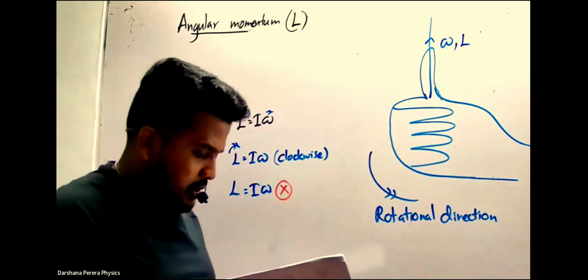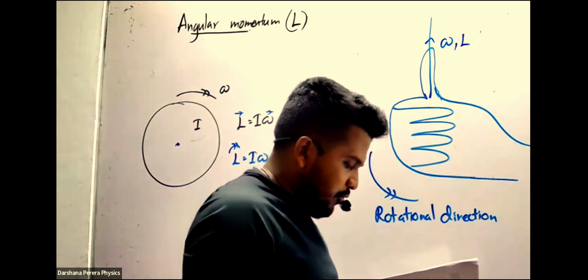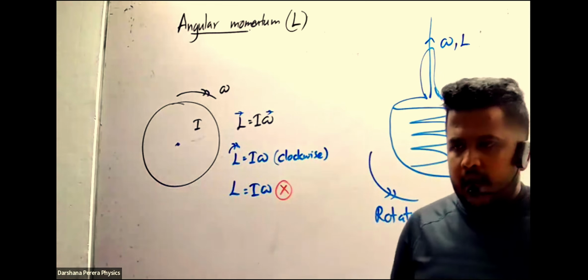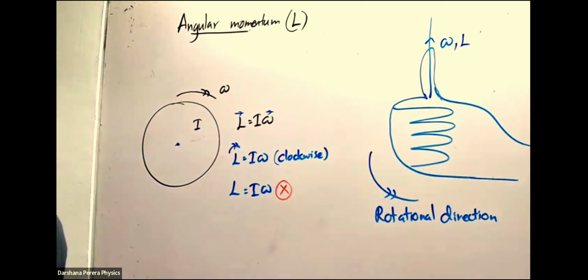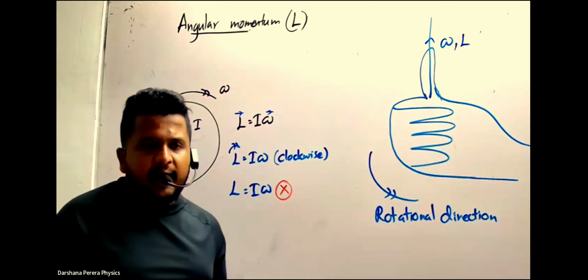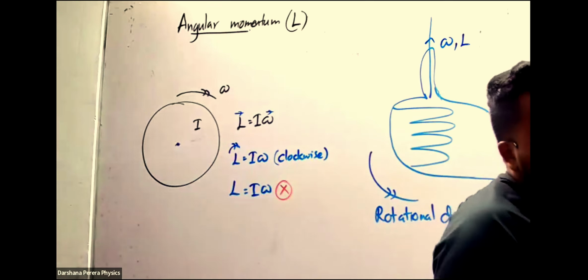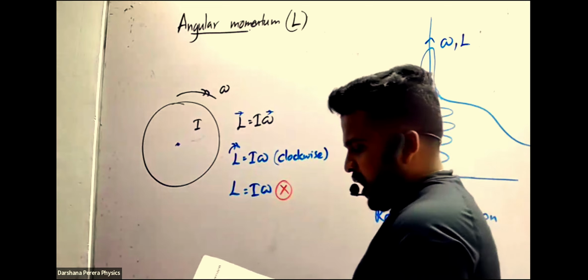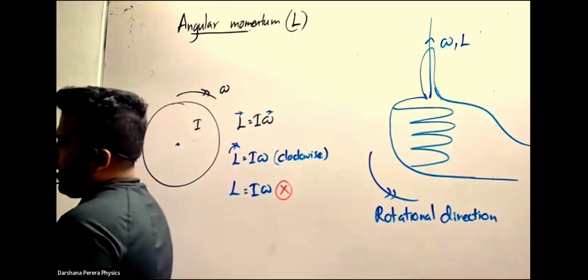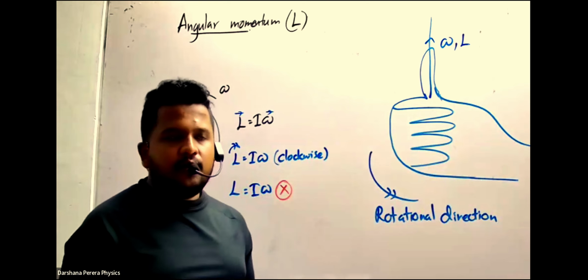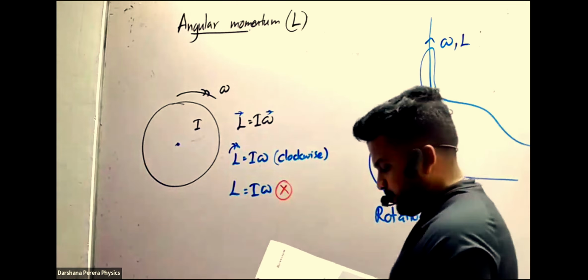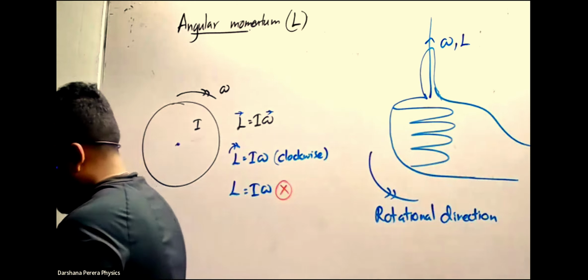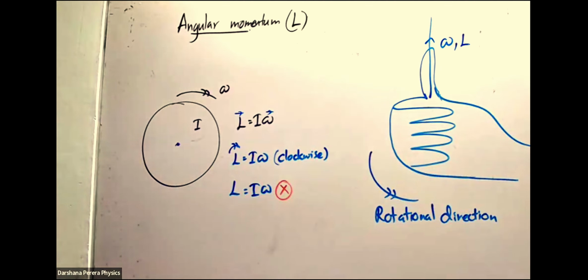Generally, the direction of omega is represented as the rotational direction, in brackets, clockwise or anti-clockwise.